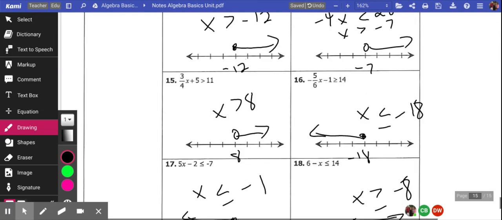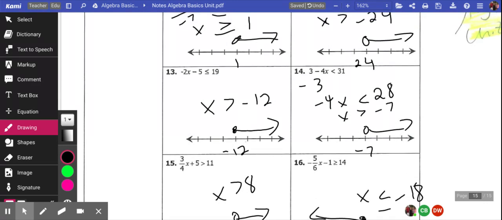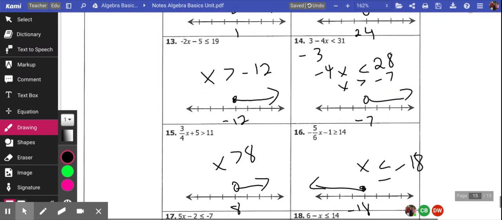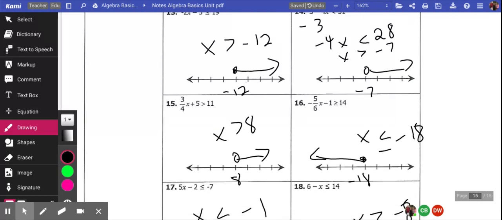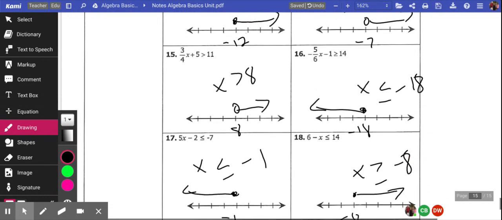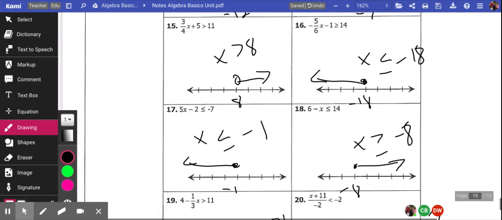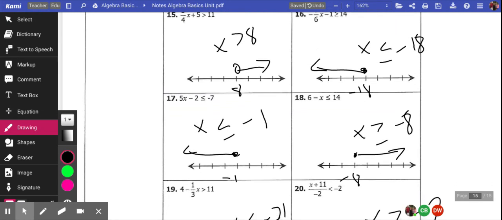Okay, so if you go back to look at these on 15 and 16, make sure that after you subtract 5 here on 15, you're multiplying by 4/3, multiplying by the reciprocal. On 18, you would subtract 6, and then you would have a negative x is less than or equal to 8.